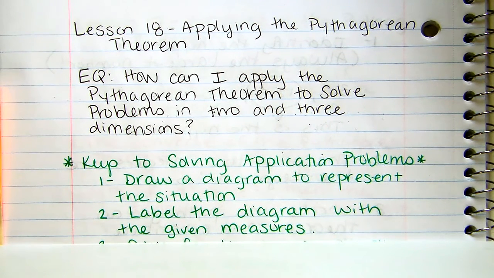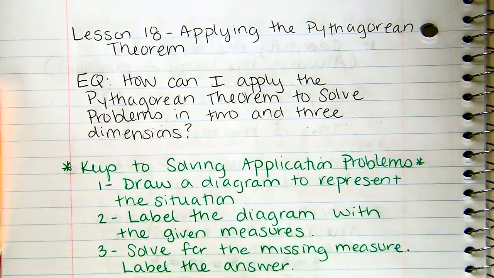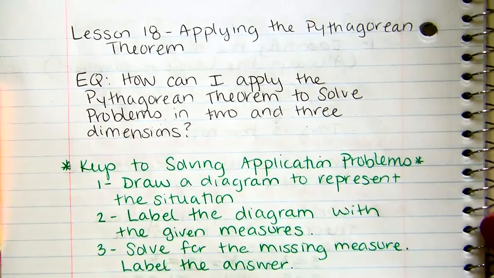The second piece that we're going to want is to label the diagram with the given measures. In your problems, you're going to be seeing measurements like 3 feet, 2 yards, 60 miles. So you're going to want to pay attention to those units of measurement as well. Third, you're going to want to solve for the missing measure.